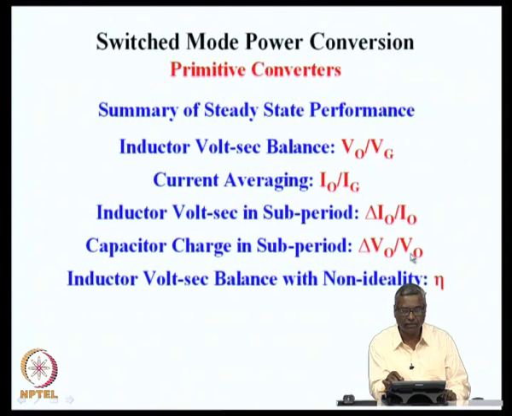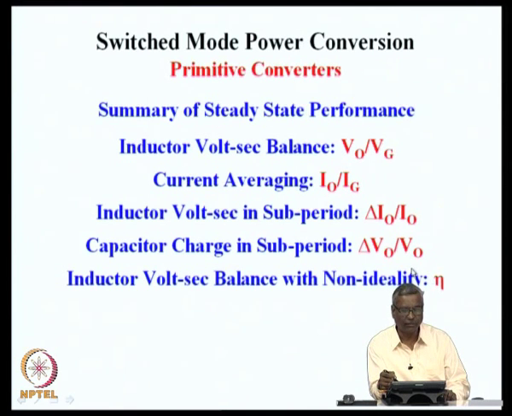Compare it with V naught to find out the guideline on the ratio of delta V naught to V naught, and if we carry out the inductor volt second balance with the non-idealities, it is possible to find out the efficiency of the converter. The non-idealities of the switch, voltage drops, the non-ideality of the source resistance, similarly the inductor resistance, all of them give rise to some additional losses.